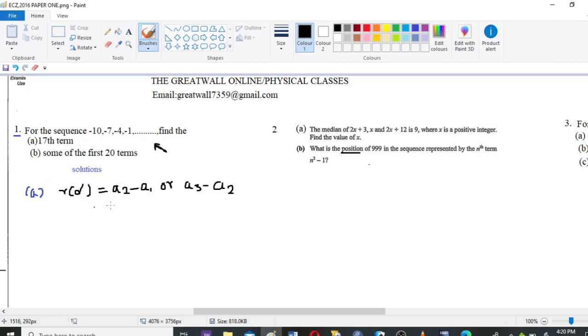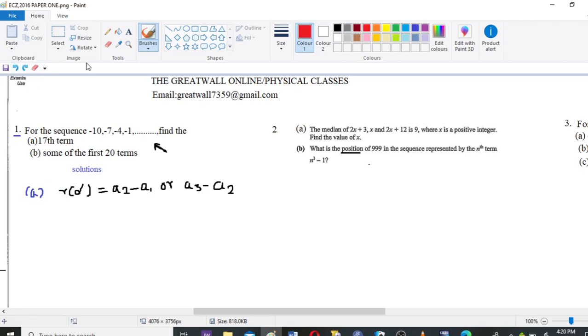So let's try it out, because this is what we're supposed to do first. If you want to find the 17th term, we need to find the common difference. This is the formula we use to find the common difference under arithmetic progression.